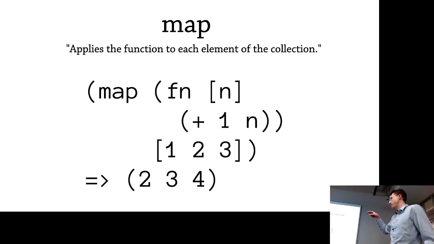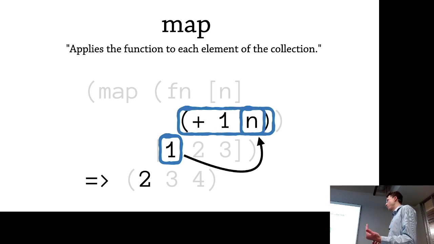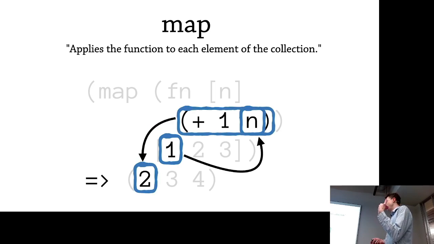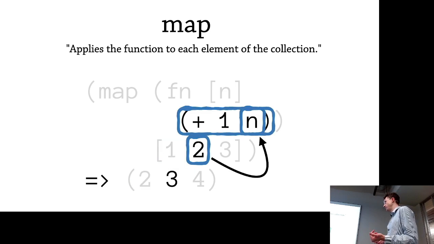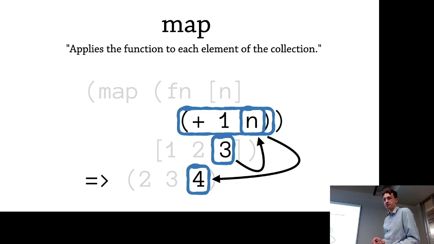So if we have 1, 2, 3, and we add 1 to each one, we get 2, 3, 4. So the data flow is you take 1, you add 1 to it, and you get 2. So there's 2 arrows. You take 2, add 1 to it, and return 3. Take 3, add 1 to it, return 4.